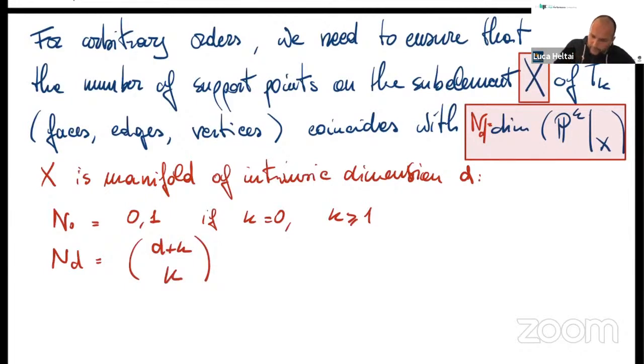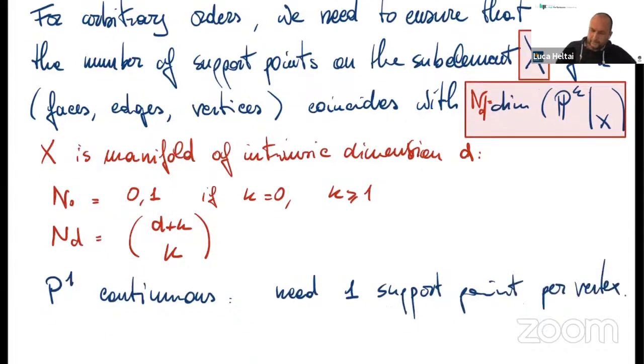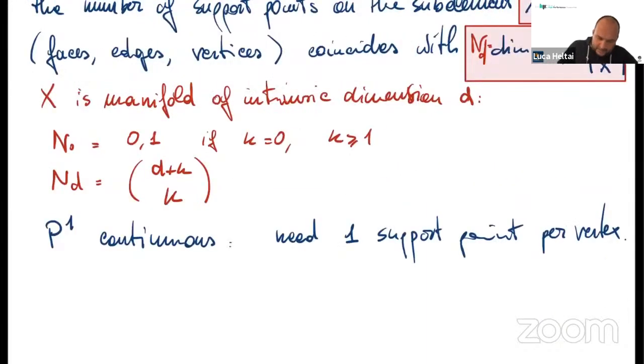So P1 continuous needs one support point per vertex. Okay.